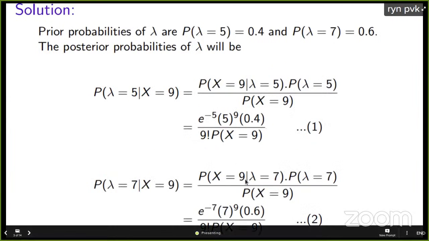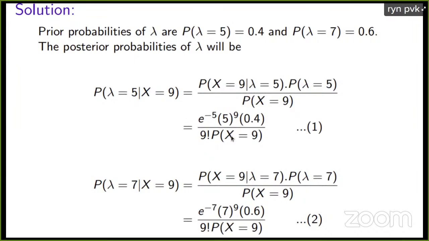Here you are saying that these two are the same, that's why it cancels out, right? In both equations x equals 9, so the probability will be the same.